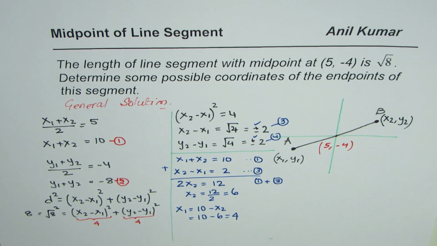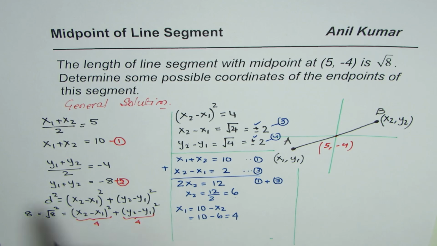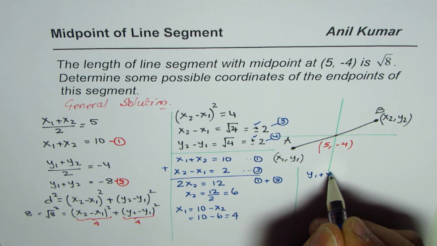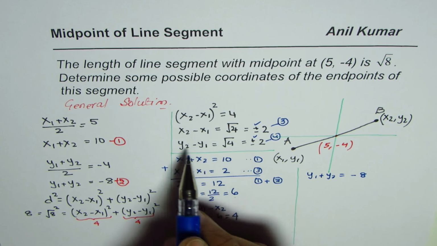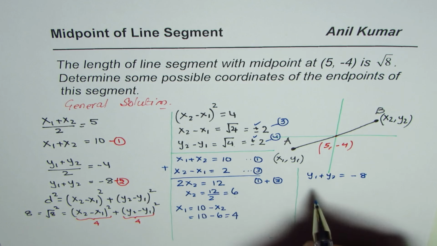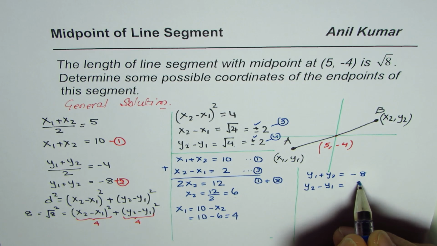Now let us find the y coordinates. So the strategy is exactly the same. We do have one equation which is y1 plus y2 equals minus 8. Now from here, two equations we could select, we'll select with positive 2. So we could do y2 minus y1 as 2, right?